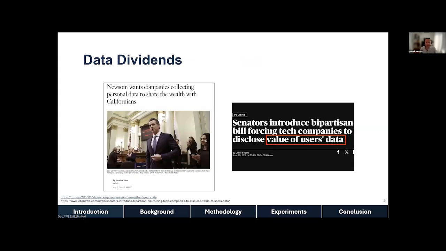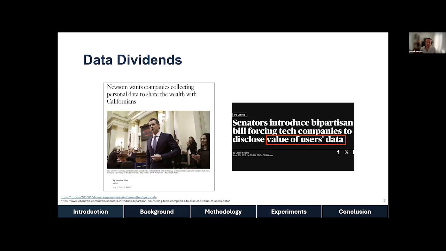A complementary idea is data dividends. Recently, you've probably heard about this man, Gavin Newsom. He's the governor of California. And in 2019, he proposed an idea that Californians that participate in big tech platforms like Facebook or Google should have a cut of the revenues of these companies, because they provide their personal information and these companies make money on this personal information.